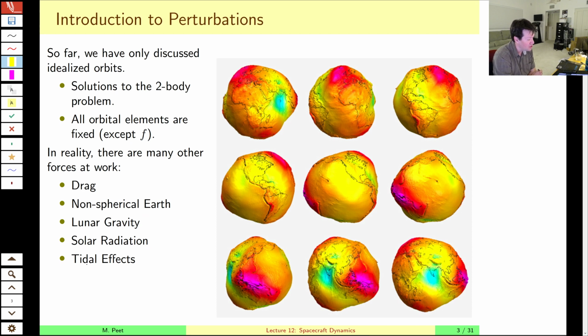Right. So, as I said, up till now we've been talking about the restricted two-body problem. The restricted two-body problem is what we think about when we're moving between planetary bodies, or interplanetary exploration, going to the moon, going to Mars, that patched conic.